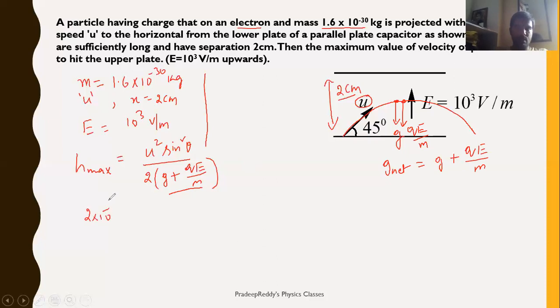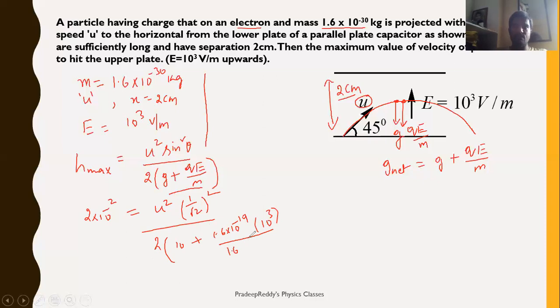It is 2 into 10 power minus 2 is equal to u square sine square 45, sine 45 is 1 by root 2, whole square, divided by 2 into g, which is known, it will be 10, plus q, the charge of an electron, 1.6 into 10 power minus 19 coulomb, into electric field given as 10 power 3, divided by the mass of the charged particle, it is 1.6 into 10 power minus 30.